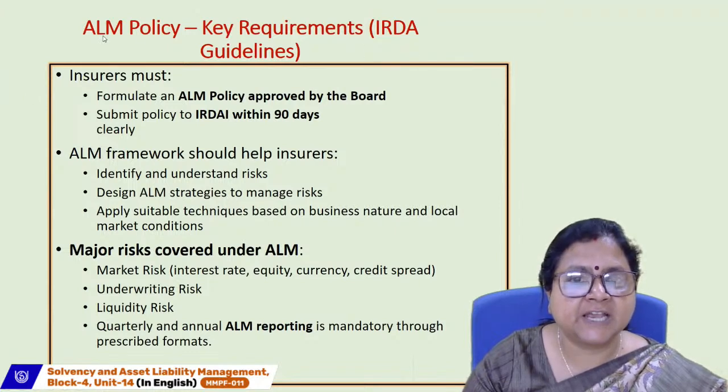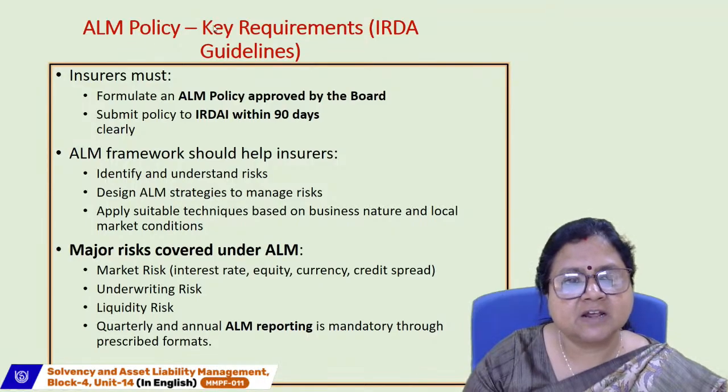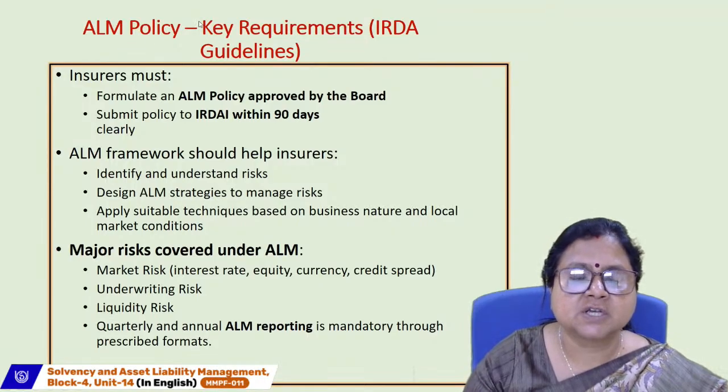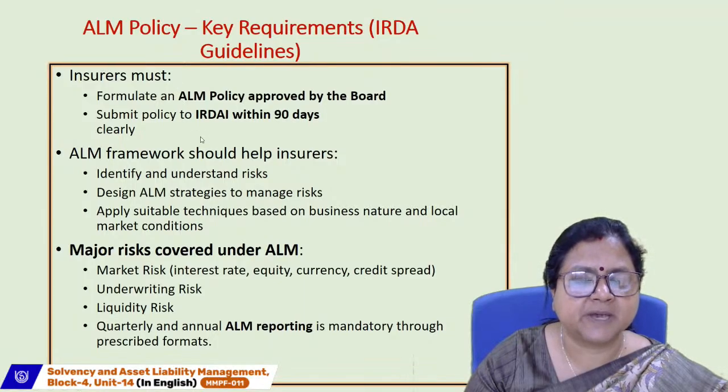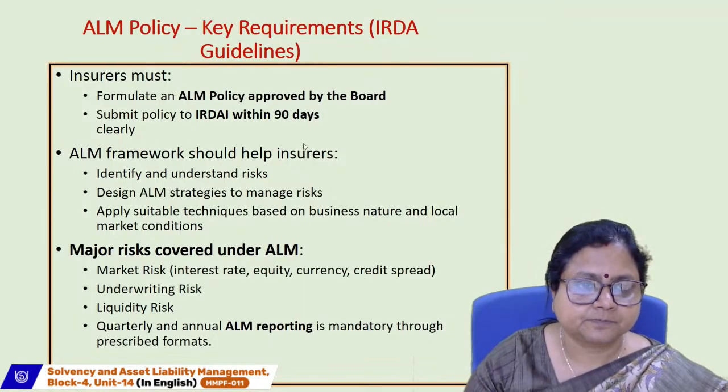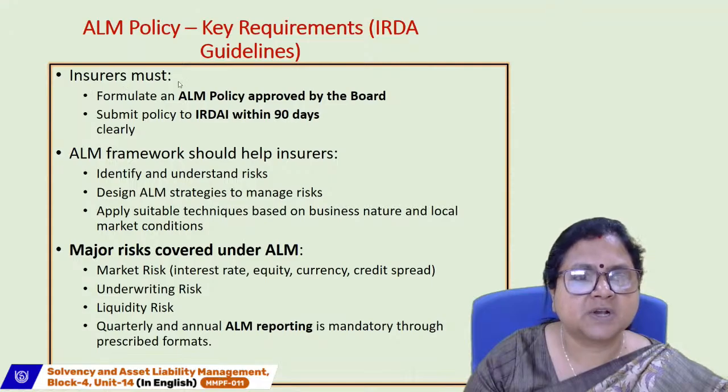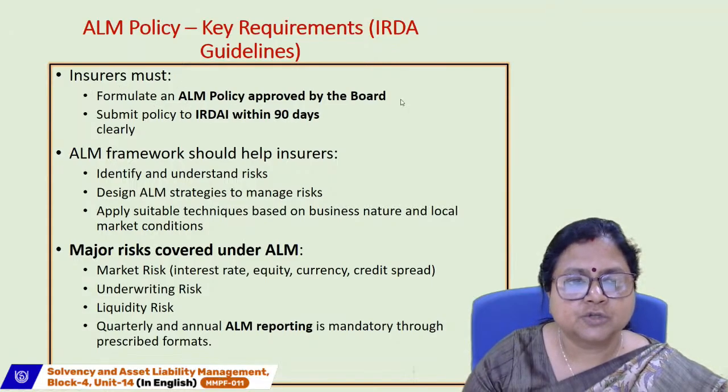As per the ALM policy in the IRDA guidelines, there are a few key requirements for insurance companies to maintain a match between assets and liabilities. Insurers must formulate an ALM policy approved by the board.